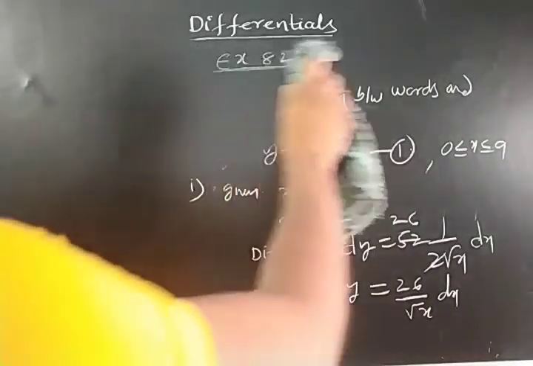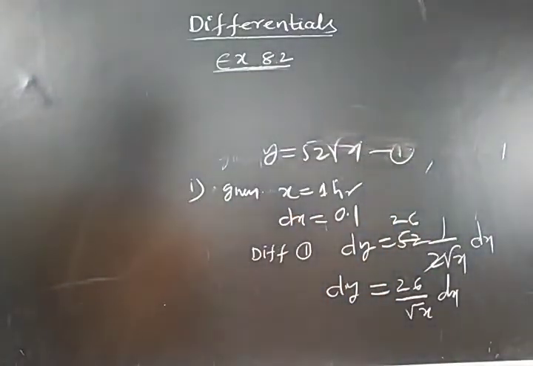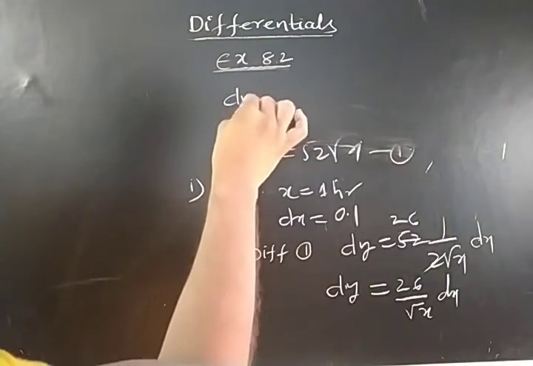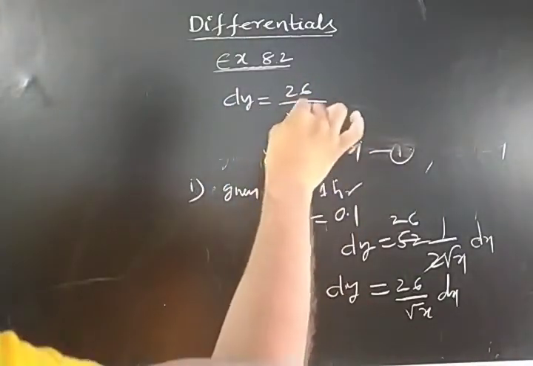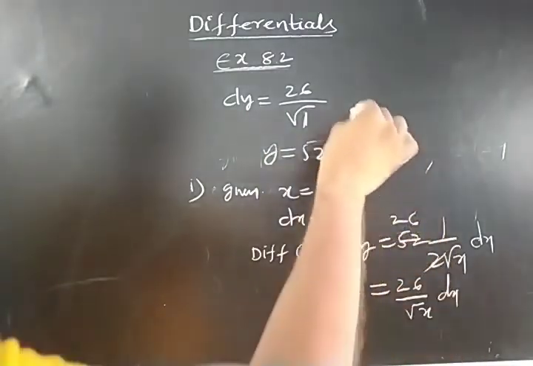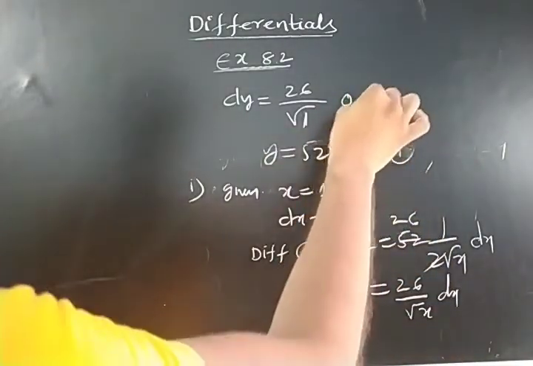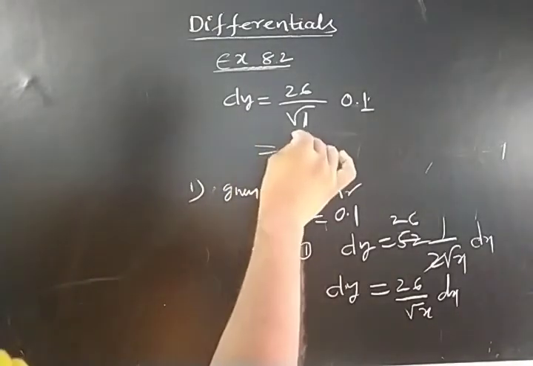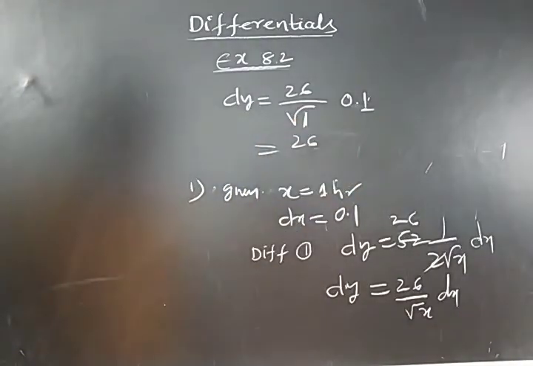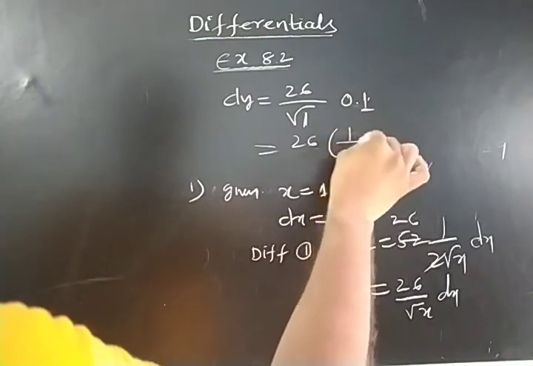Let me substitute in the relation dy equal to 26 by root x, where x is 1 hour, so root 1, and dx is 0.1. Now simplify this. 26, the root of 1 is 1, and 0.1 we can write as 1 by 10.